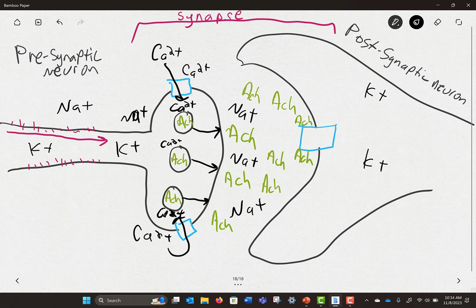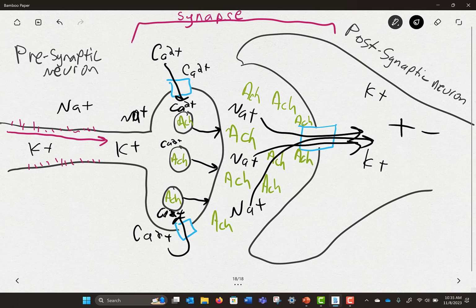This was, we said, a ligand-gated sodium channel. If it opens, what's going to happen? Sodium is going to diffuse in. As long as the acetylcholine is attached, that gate is open. Sodium rushes in. What kind of charge does sodium have? Positive.